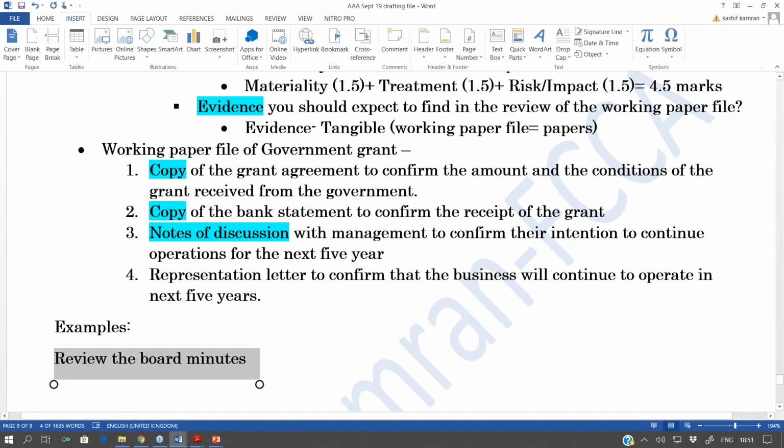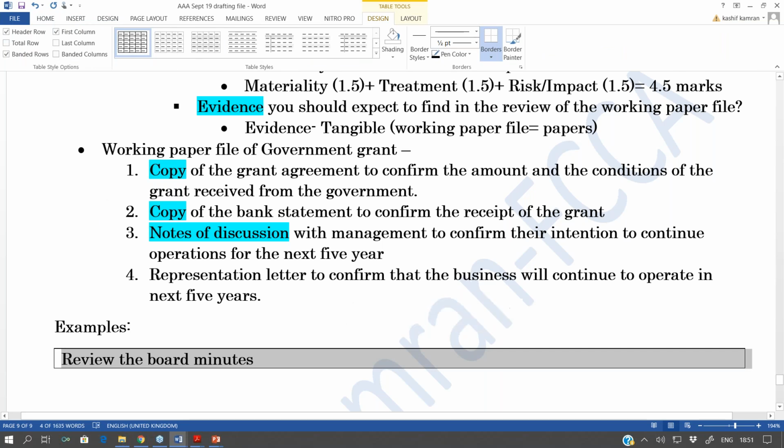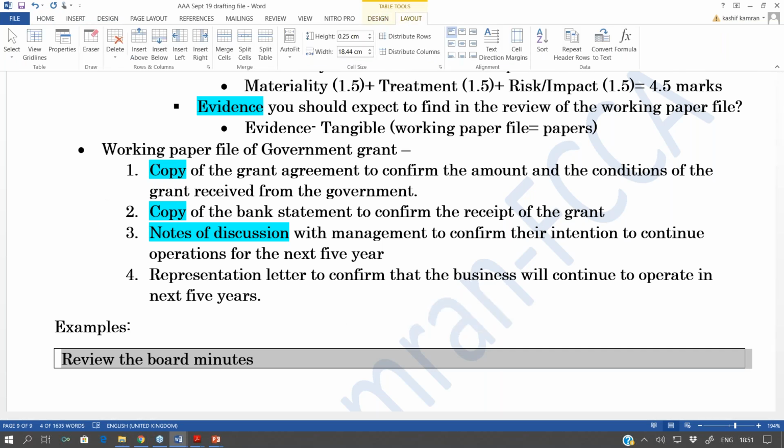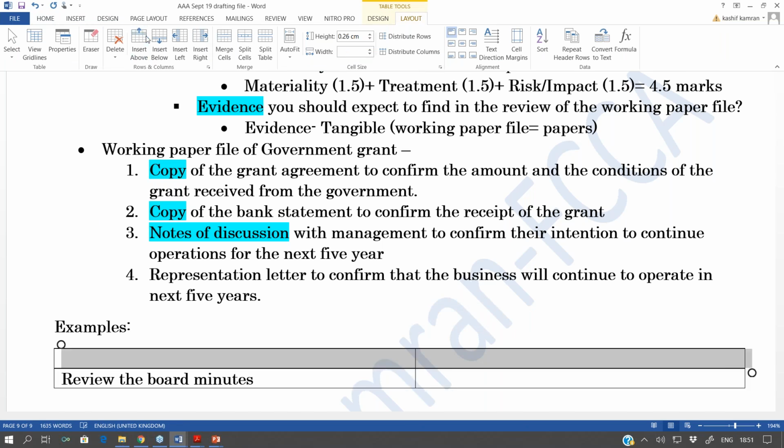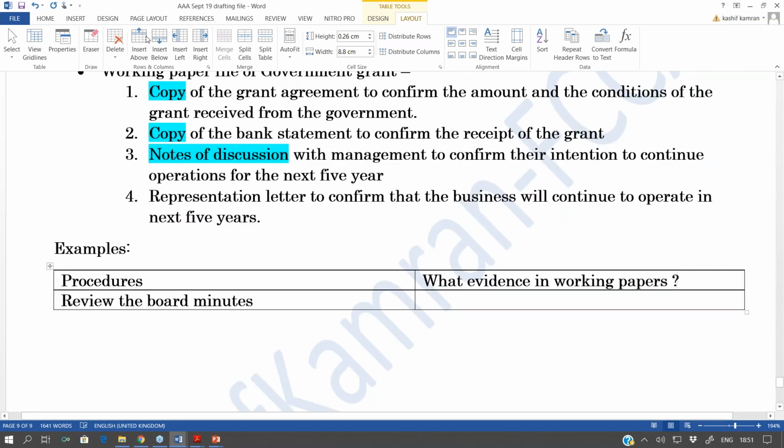I normally do that in my sessions just to make students very clear on this. Okay, if I review the board minutes, I hope all of you agree that is the procedure, right?